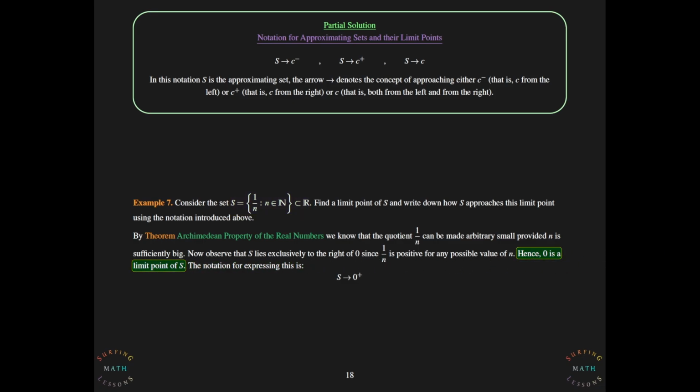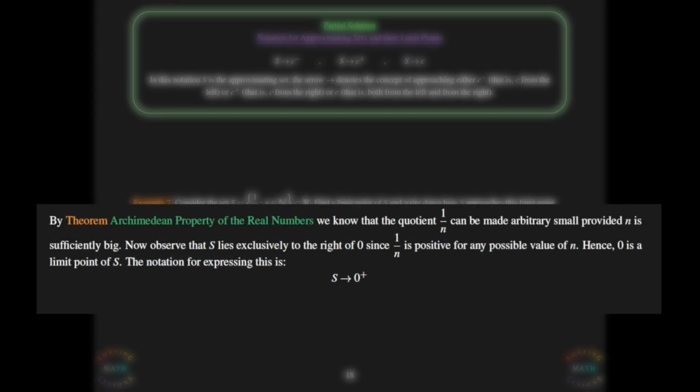As we saw before, the clustering of S around 0 happens from the right of 0. We can then express all of this information by simply writing the symbols S, arrow 0, superscript plus. That is to say, S approaches 0 from the right.